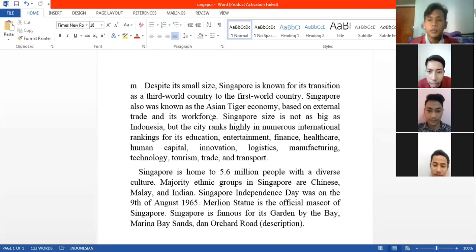It's simple present. So in descriptive text, we use simple present to describe things. Jadi di dalam teks deskriptif ini kita menggunakan simple present untuk mendeskripsikan objek atau orang tersebut.